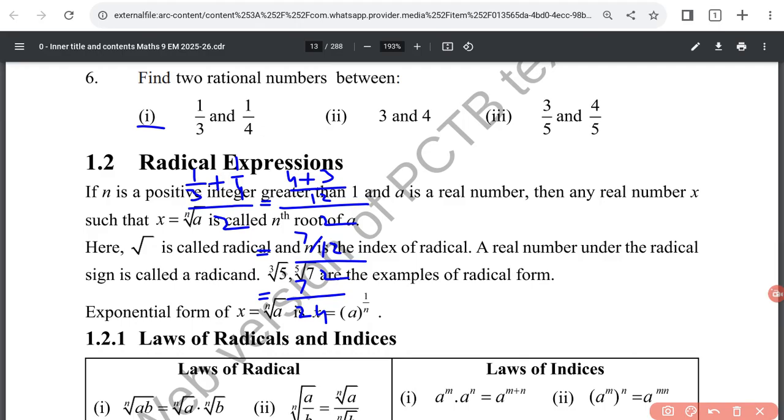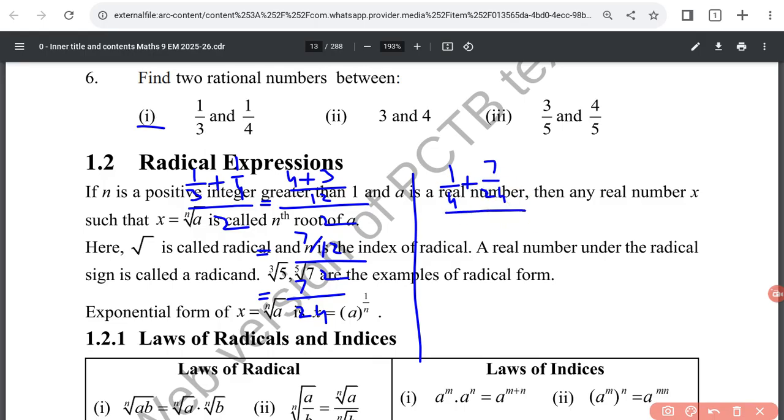Now we find the second one. So now we take the average of 7 over 24 and 1 over 4. 1 over 4 plus 7 over 24.